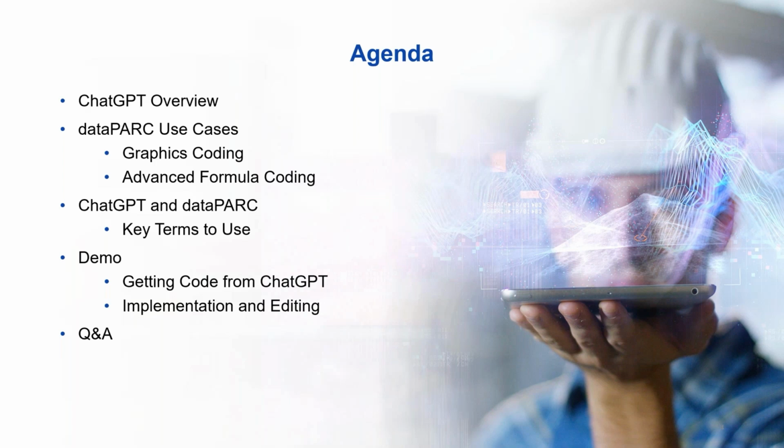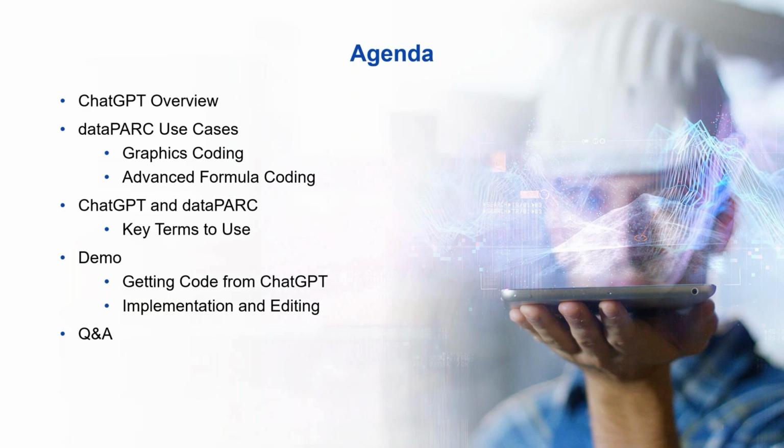And then we'll talk about the specifics of using ChatGPT and dataPARC. We'll talk about some of the differences with BARD or some of the other large language models, but the example and the demo that we're going to use and the key terms that I have learned from ChatGPT, you could say, are going to be ChatGPT specific. As I said, in the demo, we will get code from ChatGPT.